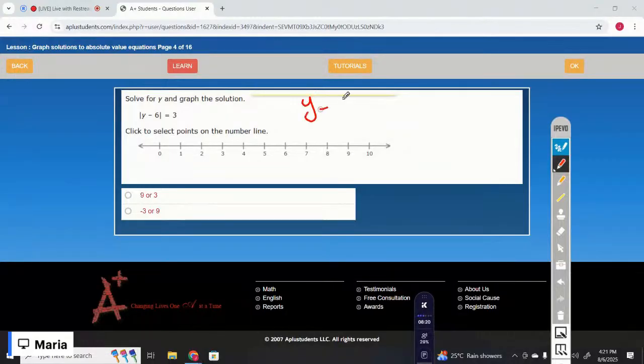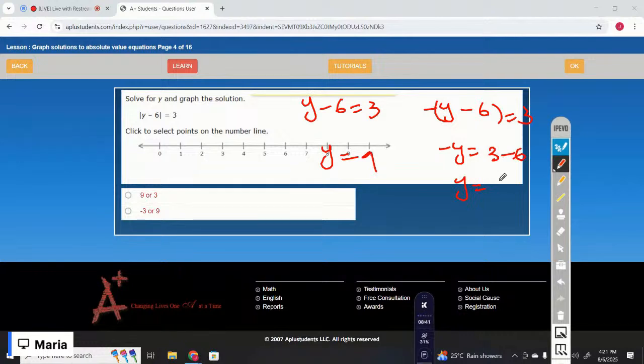That is y minus 6 equals 3, and negative (y minus 6) equals 3. So y equals 9, and negative y equals 3 minus 6, y equals 3. Option number 1 is the correct option, 9 and 3.